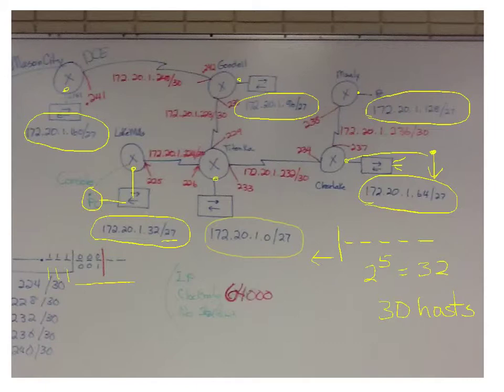And then they'd all have to have the same mask. And then the mask, if we look at these bits right here, if I was to calculate that, 128, 64, and 32, that's .224, so it's 255.255.255.224.